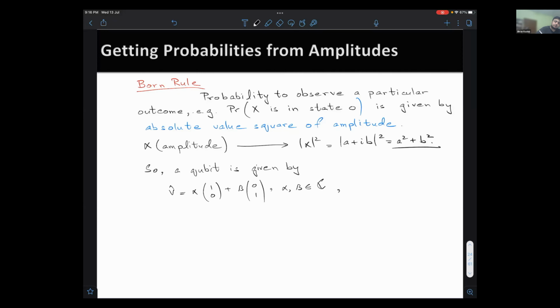And now we could say magnitude alpha square plus magnitude beta square equals 1. Why? Because alpha magnitude square is a probability, and the only two events we have, the only two states in our sample space, are state 0 and state 1. So normalization implies that alpha magnitude square plus beta magnitude square should be equal to 1, to give us normalization of probabilities.